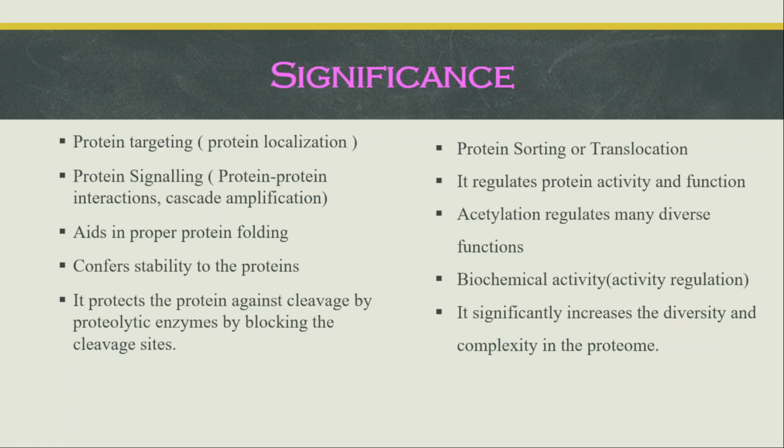Glycosylation can modify the stability of proteins by increasing protein half-life. It protects the protein against cleavage by proteolytic enzymes by blocking the cleavage site. Protein sorting or translocation: if phosphorylated mannose residues are present in the protein, it always goes to the lysosome. It regulates protein activity and function.